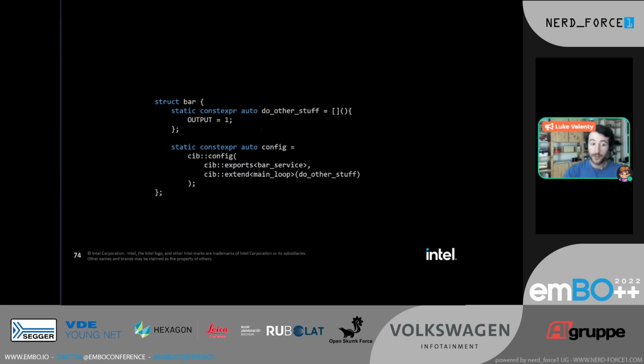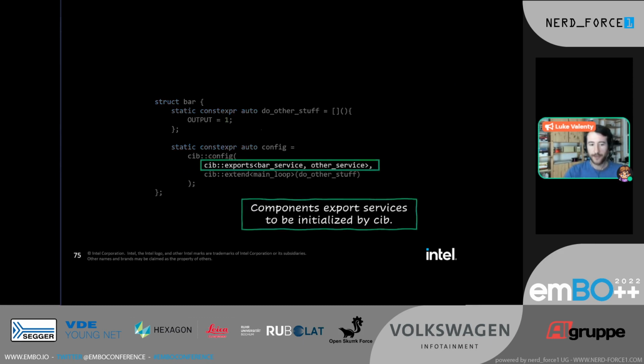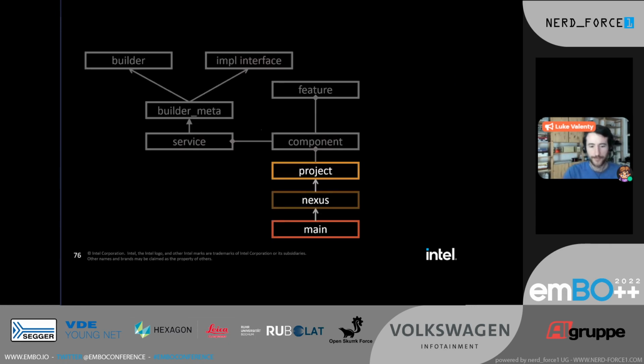For the bar component that has a bar service, we have a configuration command that tells the rest of the library, hey, we are going to export these two services, and these services are going to be available to the other features to extend. So that replaces the initialization functions as well as the foo, bar, and baz namespaces that we saw. There are our features. How do we actually use this and put it together?